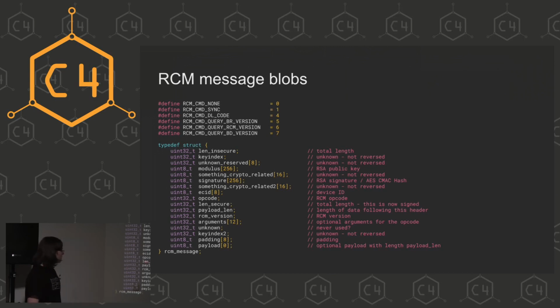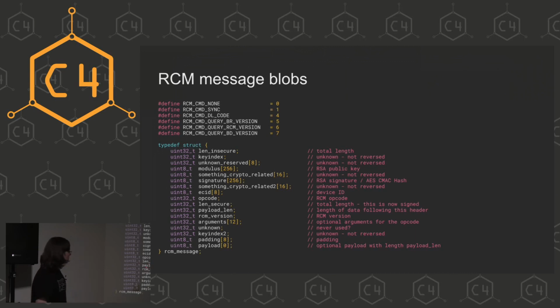So here again is the length, this time signed. The length here is just convenience for the code, so that the code just needs to read the first 4 bytes, and then it can expect that this packet has a certain length. And then when it read past here, it compares that this length is equal to this length, so that it is sure that nobody has tampered with it, because you can't change this one because it's signed.